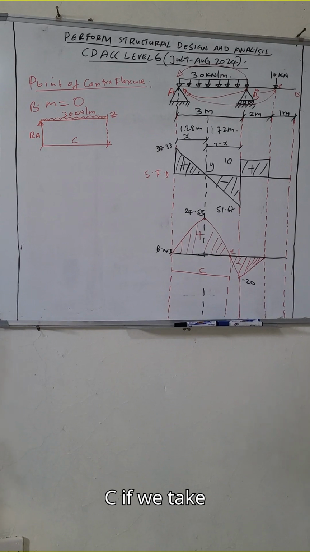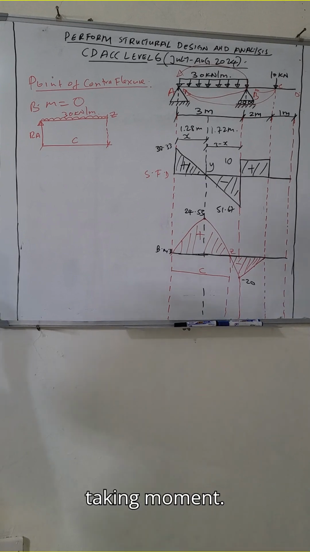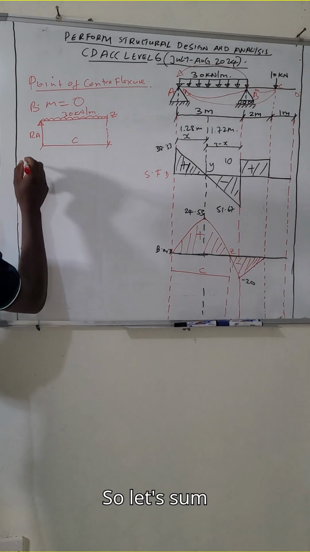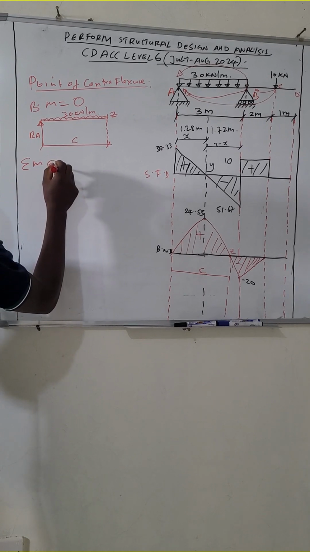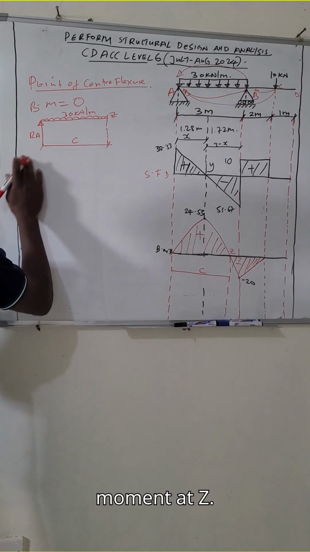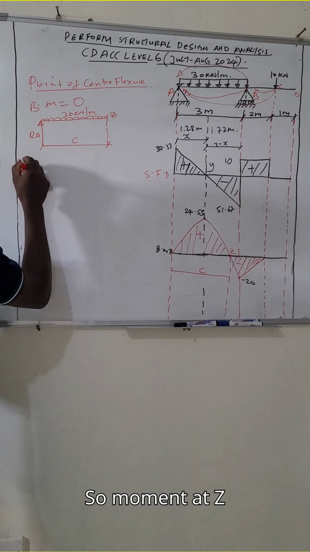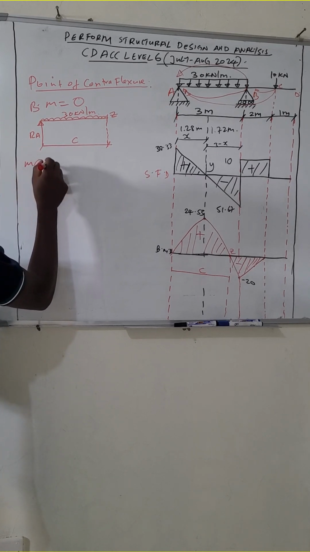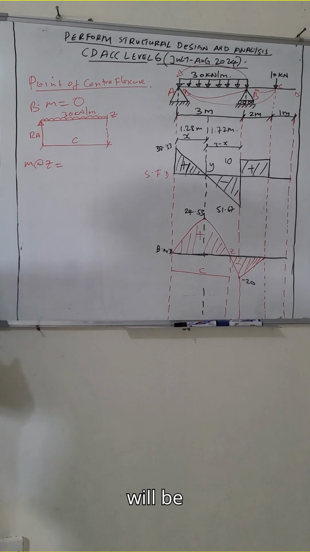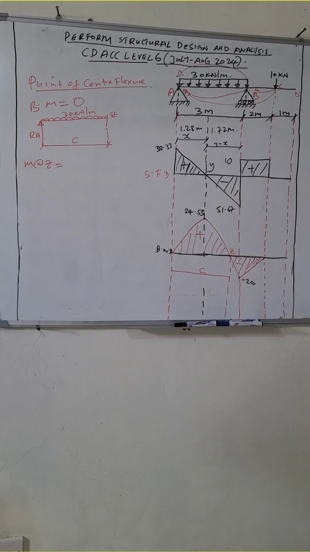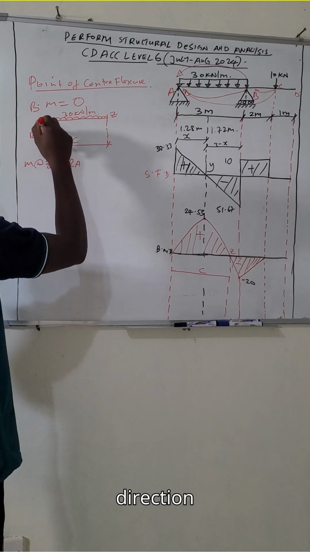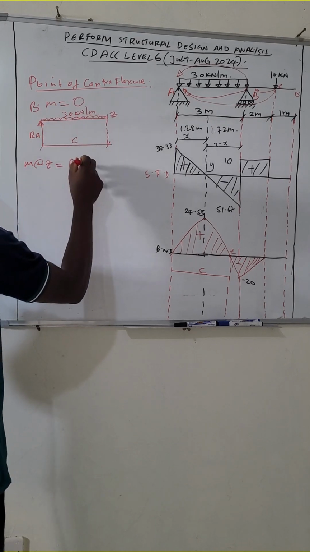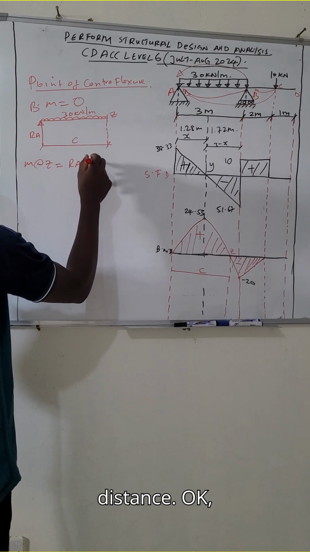If we take moment at point Z, the moment at Z will be this reaction at A, in a clockwise direction, times C, the distance.